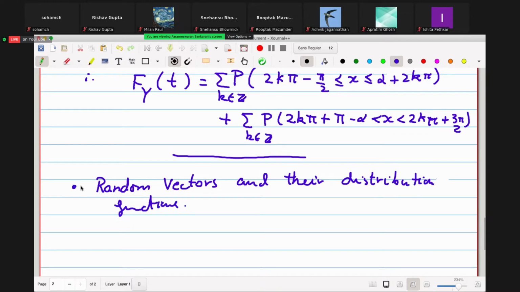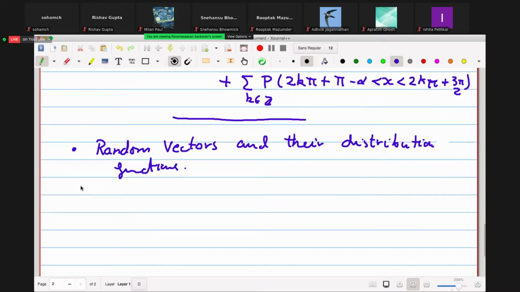So the next topic is this. Random vector sounds rather abstract, but it's just that you may have more than one random variable and you may want to consider them together. What you do is you make an ordered pair out of it. So formally, let omega, F, P be a probability space.